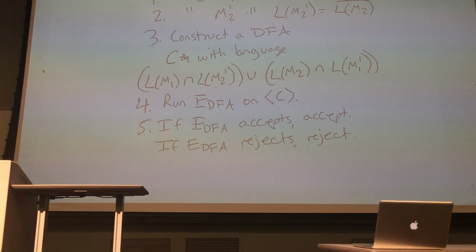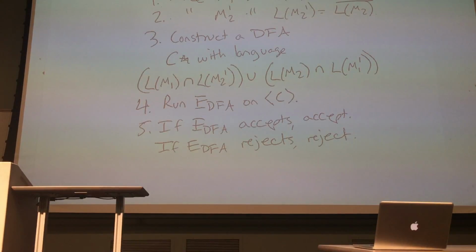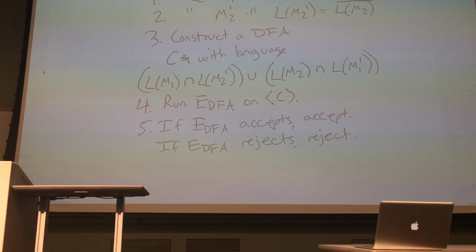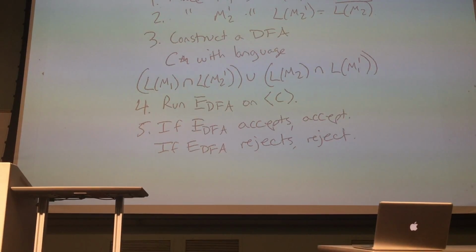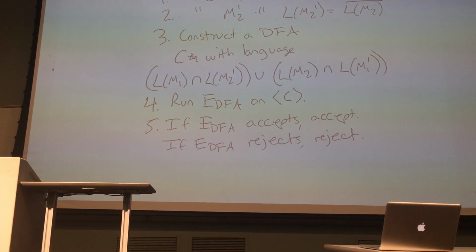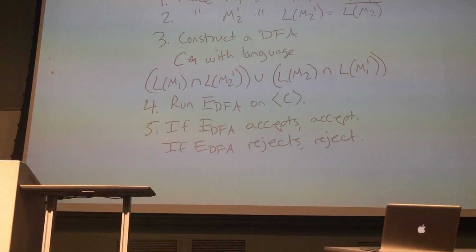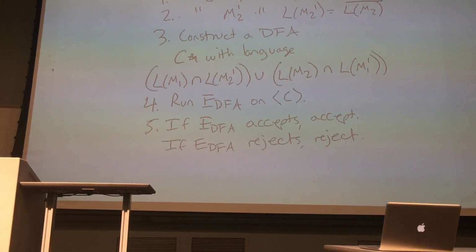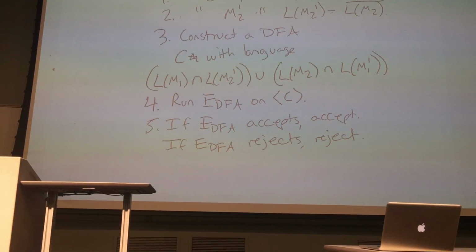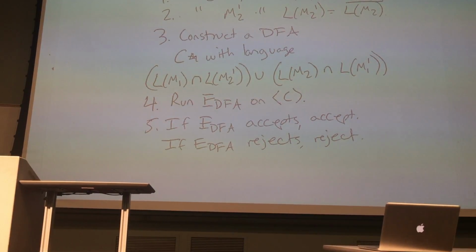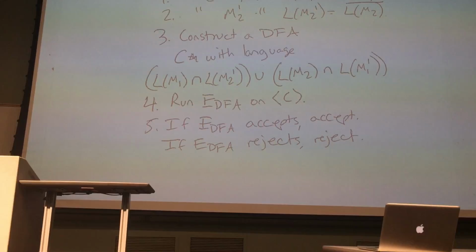And so let's just convince ourselves again that this is truly a decider. I can make another machine for the complement of a certain machine in a finite amount of time. I can do two intersections in a finite amount of time with the product construction. And we can do union again with the product construction in a finite amount of time.